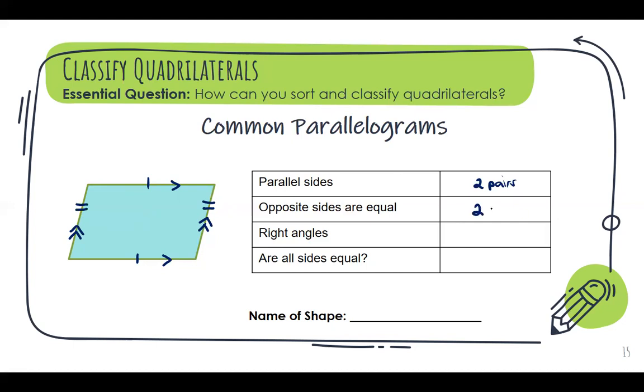Similarly, since it's still a parallelogram, there are two pairs. Are there any right angles in this particular figure? None. Are all the sides equal? Also no. If there are no right angles and no equal sides at all, then this is a generic example of a parallelogram.